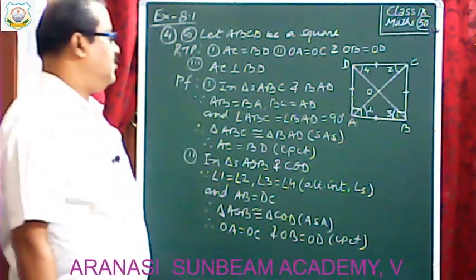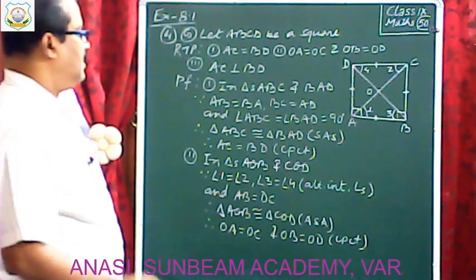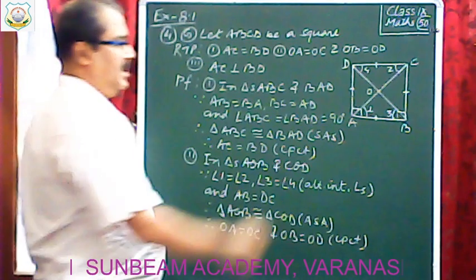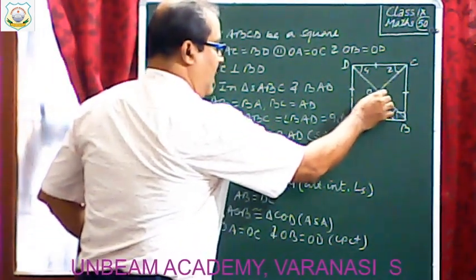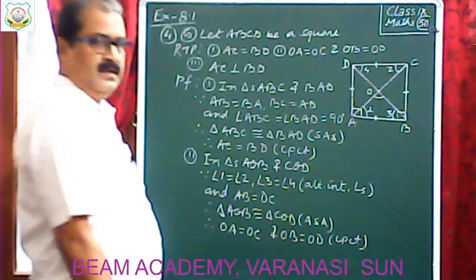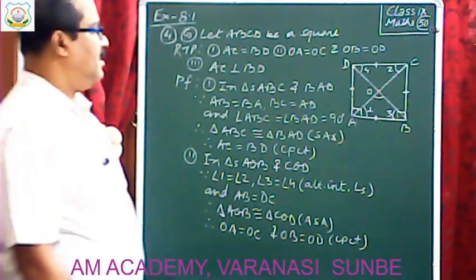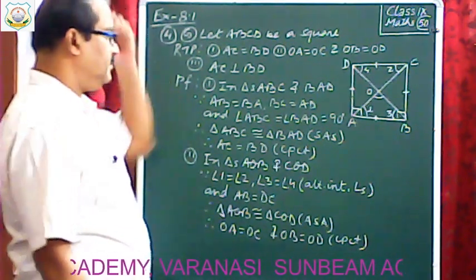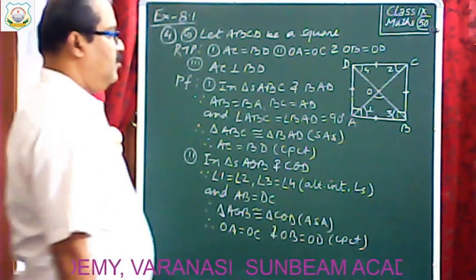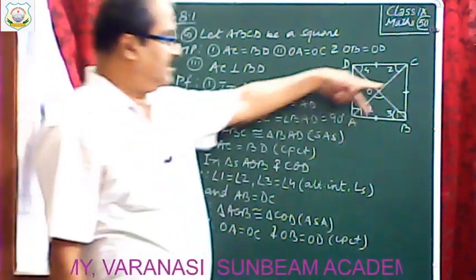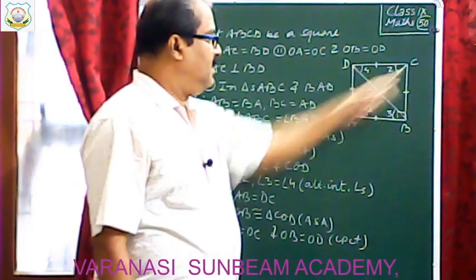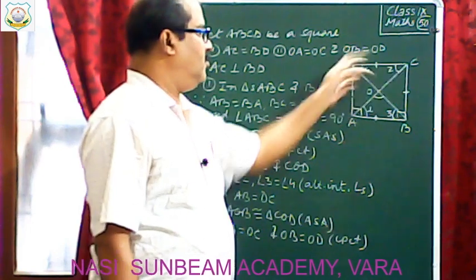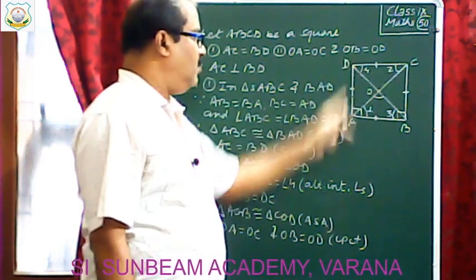And the third one we have to prove: diagonals are perpendicular to each other. Means anyhow we have to show one of the angles at O is 90 degrees. Then only we can say that AC perpendicular to BD or BD perpendicular to AC. For that, you have to consider two adjacent triangles: AOB, COB, or BOC, COD, or COD, DOA, or DOA, AOB.